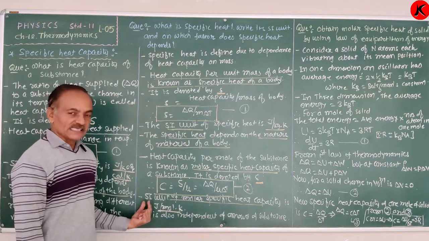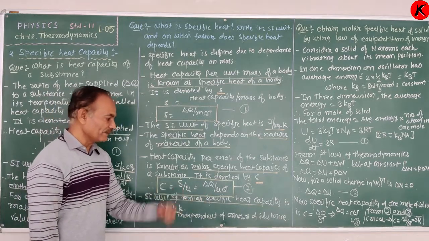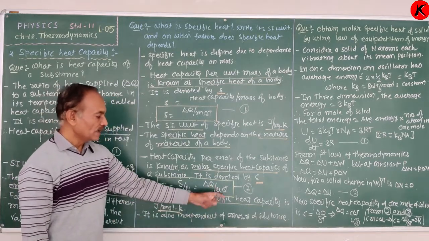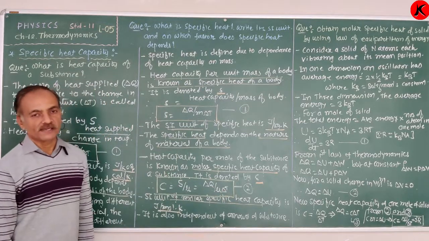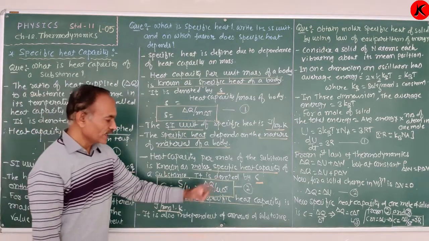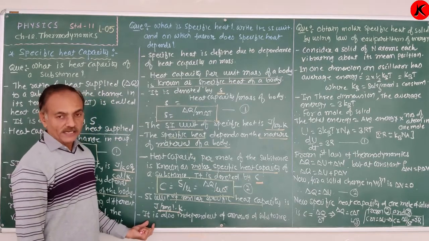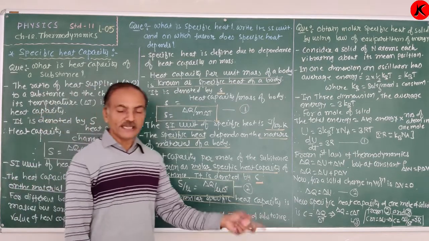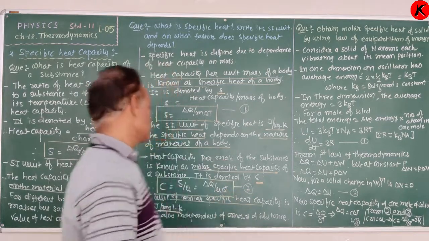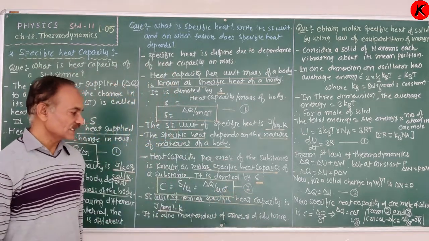The SI unit of molar specific heat capacity is joule per mole Kelvin. It depends on the nature of the material and is independent of the amount of substance.